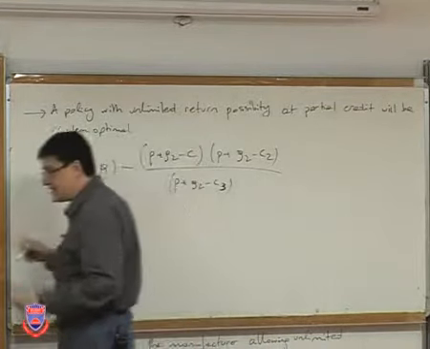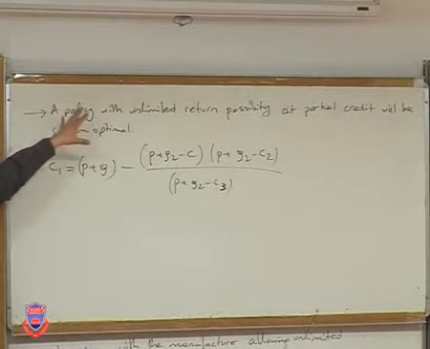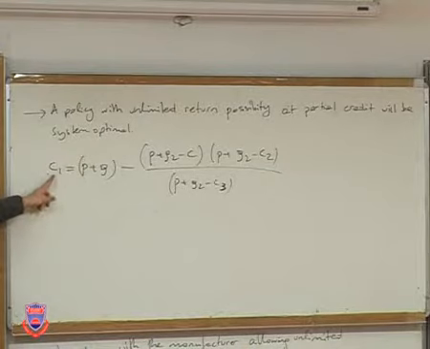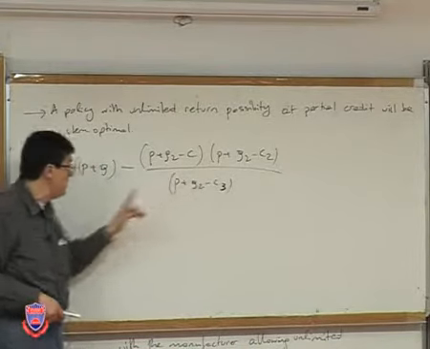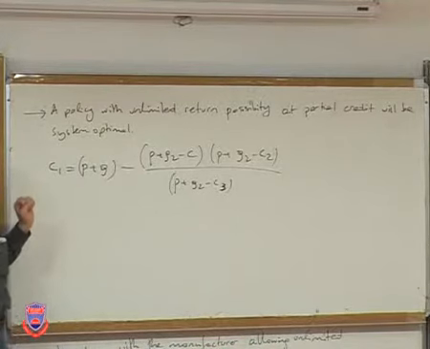Now, what this is simply the following. If I am allowing for unlimited returns, okay, this C, given a C2 value, if I select C1 like this, okay, I'm going to obtain the system optimal solution.